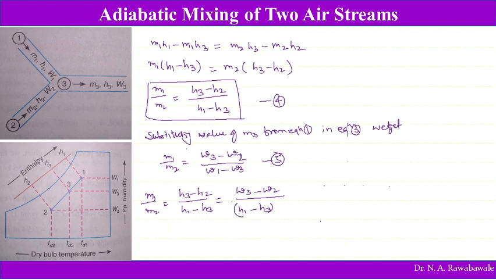Here we have stream 1 which is mixed with stream 2, and the resultant we get as stream 3. The properties of the stream coming out of this mixture are going to lie on the line joining 1 to 2. So if we know the properties at point 1 and point 2, we can draw a straight line, and the properties of the resultant will lie on this line 1 to 2.